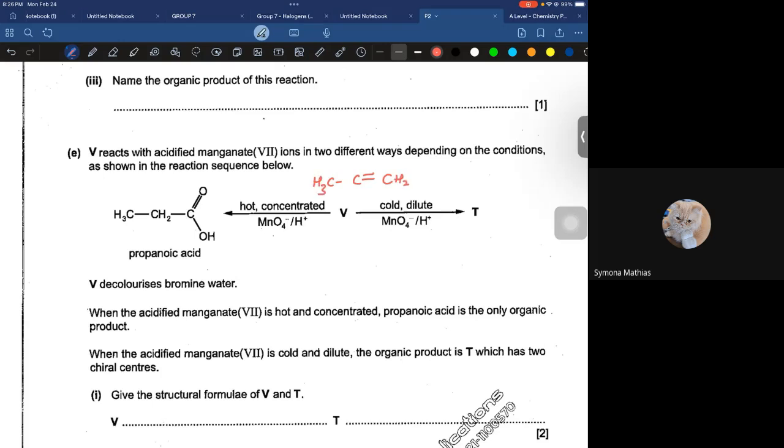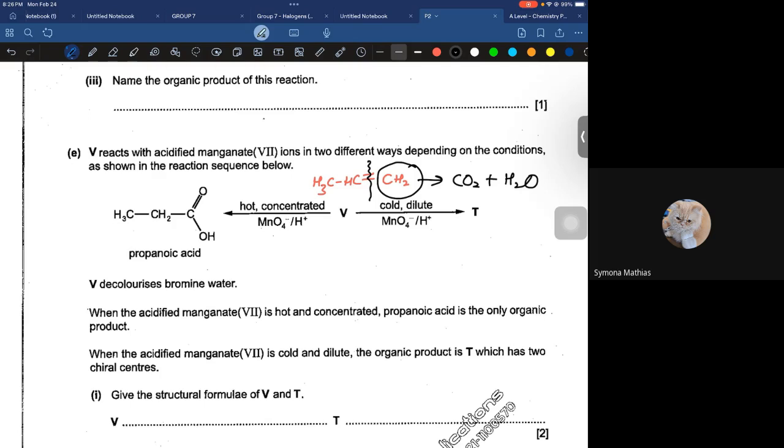If you do the reaction, this bond will break down from here. This is going to give you CO2 and water. I have told you the different cases. When the carbon has two hydrogen atoms, upon oxidation it gives carbon dioxide and water.